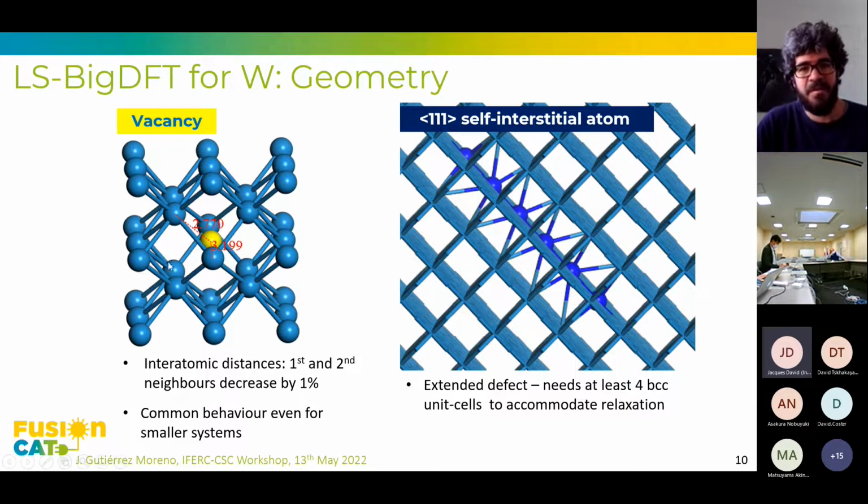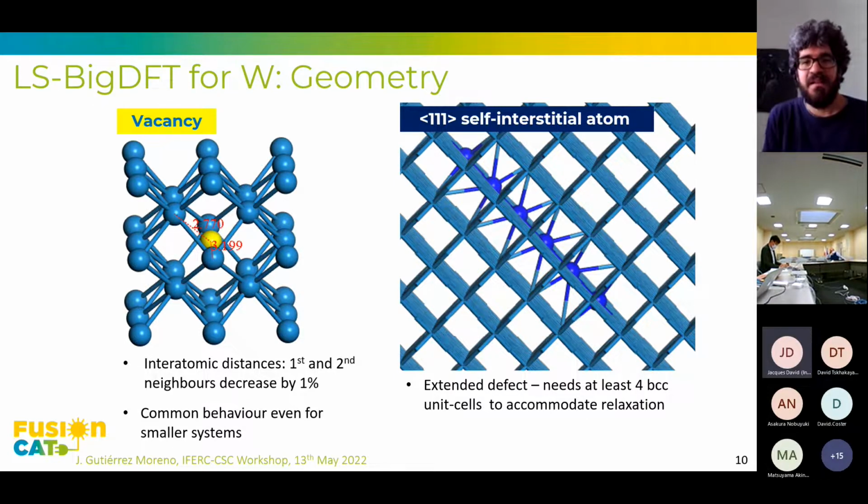If you remove an atom from the center of the cell, atoms in the first and second neighbor positions will shrink their bonds. That will be around 1%, but this deformation will not go much farther than that. This means that we can probably simulate single vacancies within a relatively small unit cell.